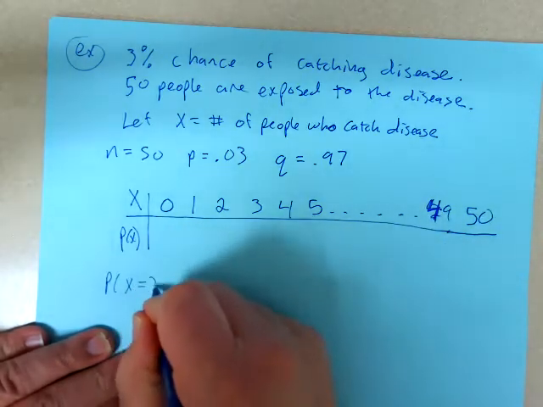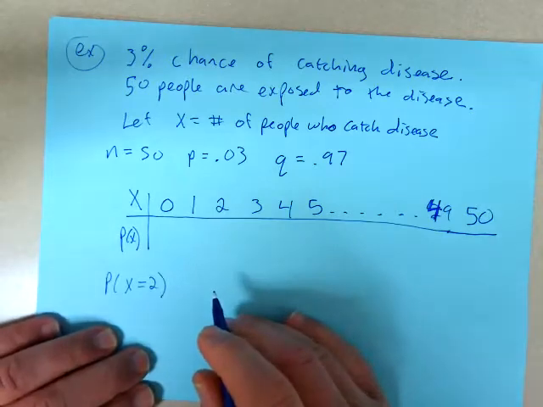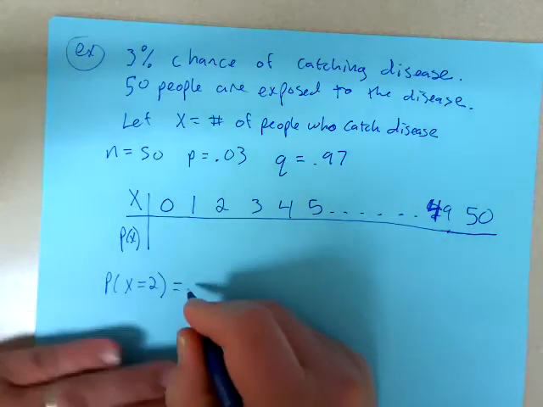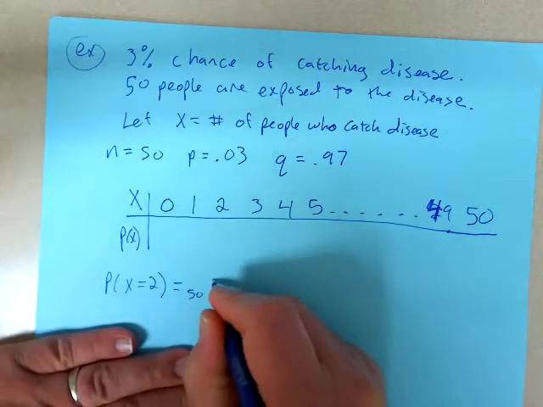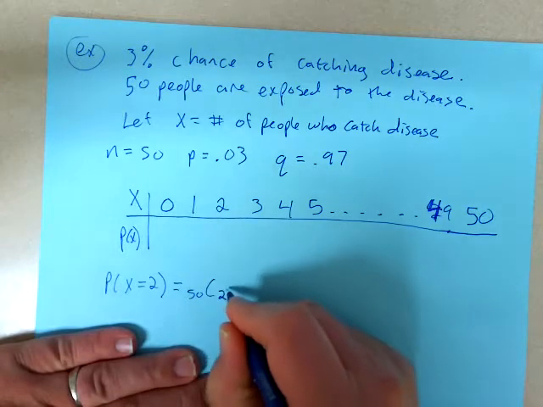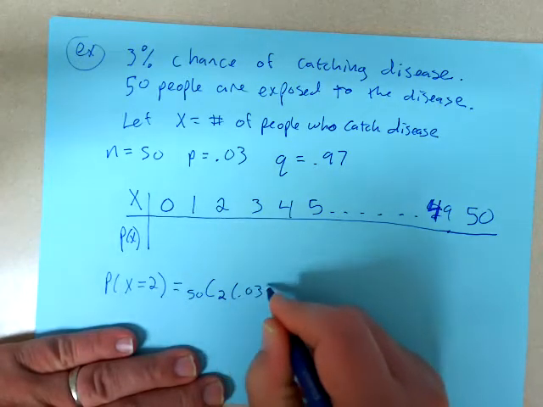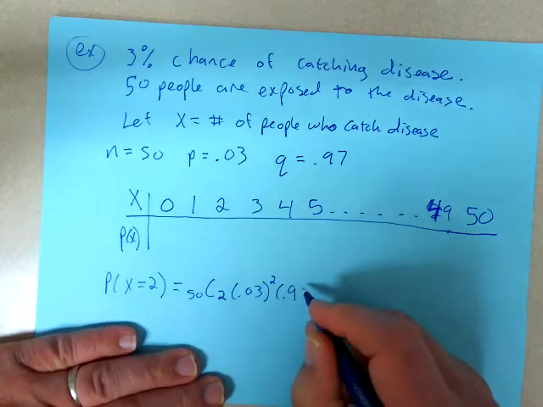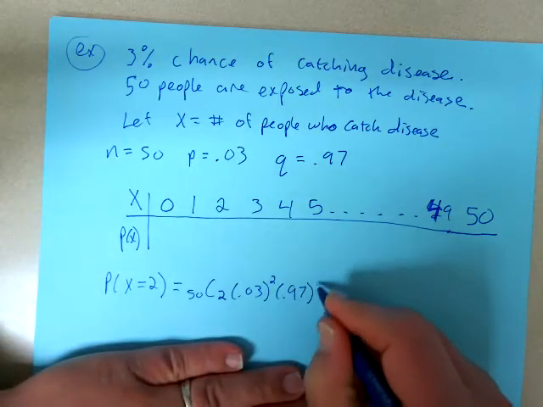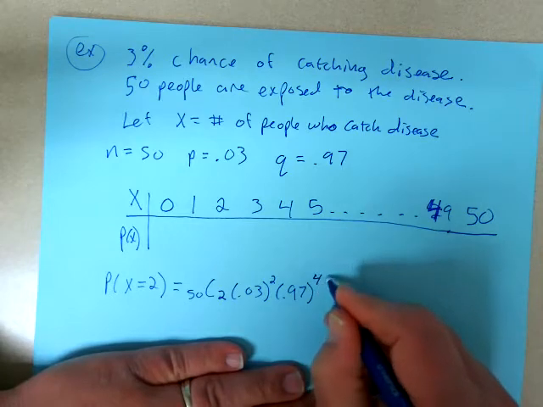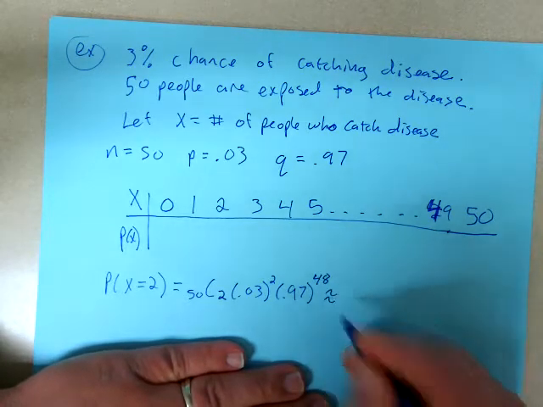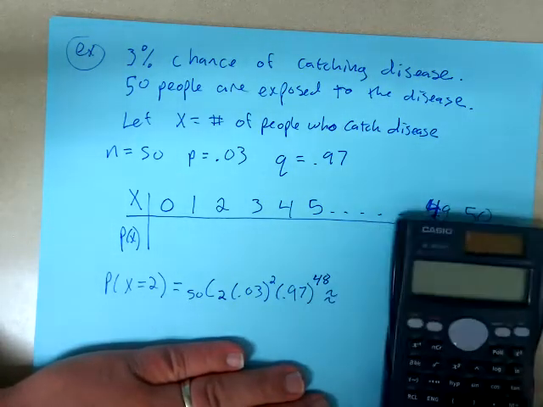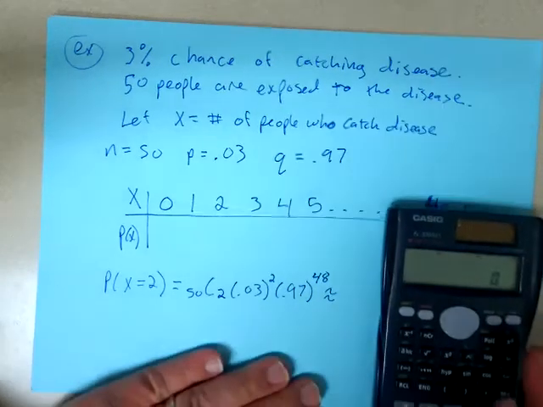So like, for example, we found the probability that x is equal to 2. And so this was 50 choose 2, the probability of a success raised to 2 successes, the probability of a failure raised to the number of failures. And when we plug this in, we got that probability.